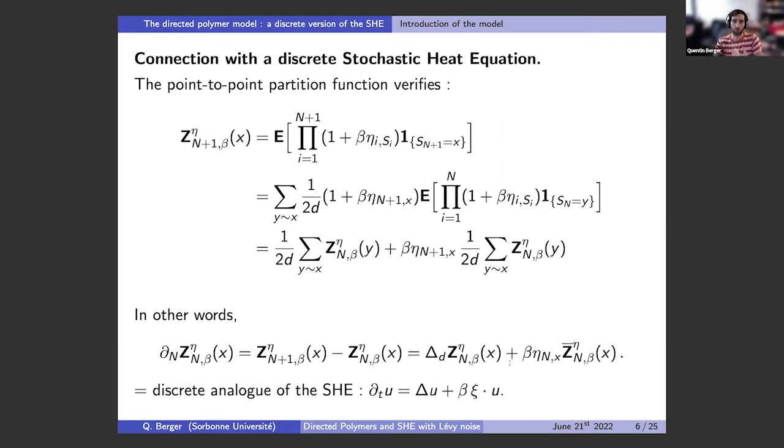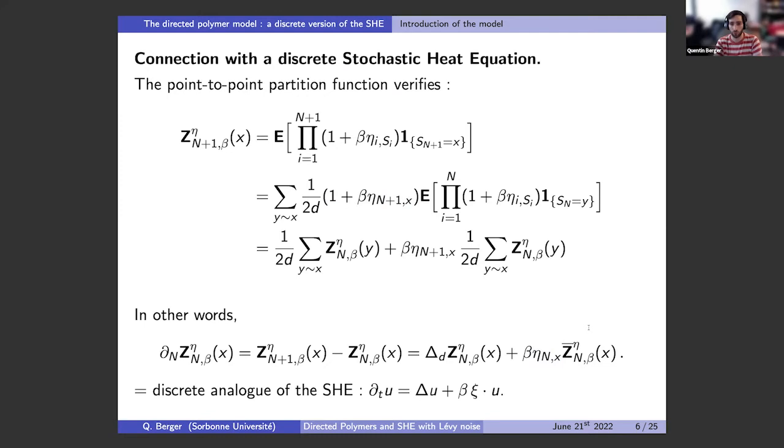So that's the connection, and that's why it's interesting to put the product form in the Gibbs weight: when you have the product form, you have this 1 plus, which separates very cleanly into 2 parts, the Laplacian part and the noise part. Here the noise is clearly multiplied with the averaged Laplacian.